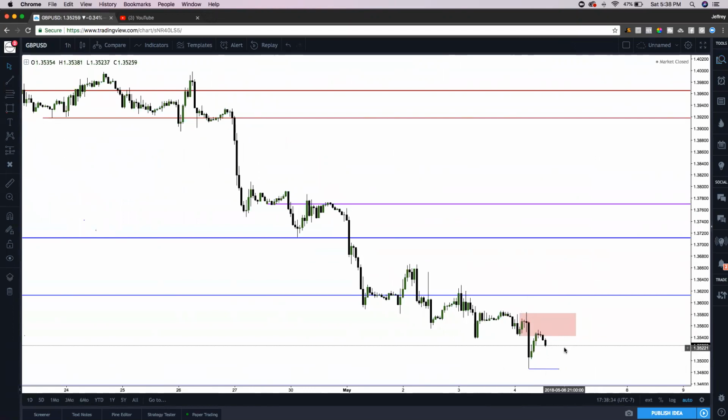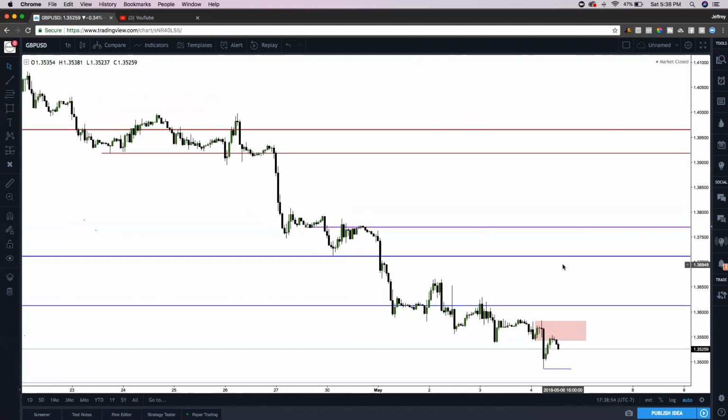And if I get that, it takes me anywhere from 5 to 30 minutes to wait for the setup on a lower time frame. And then I'll just enter, and that's it. I think that's how it is with any strategy. I don't know a ton of strategies out there, but the very few that I know of, it's really simple.